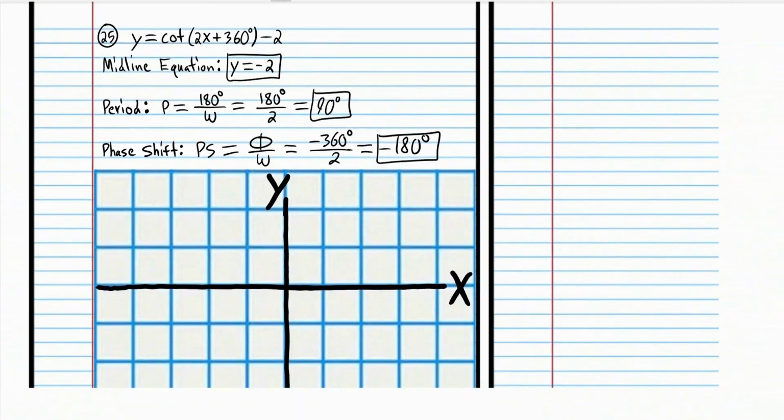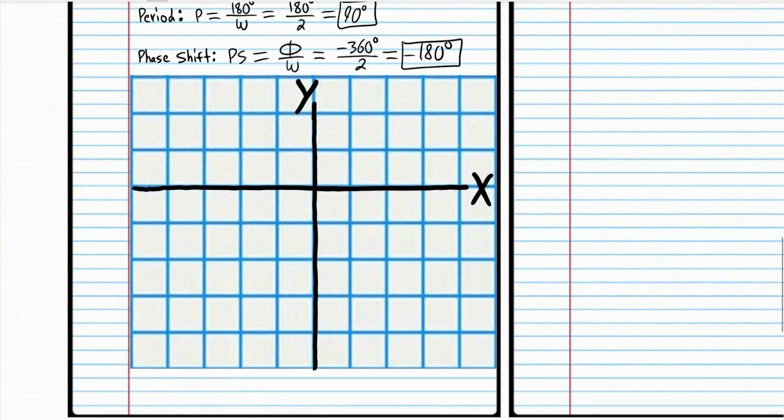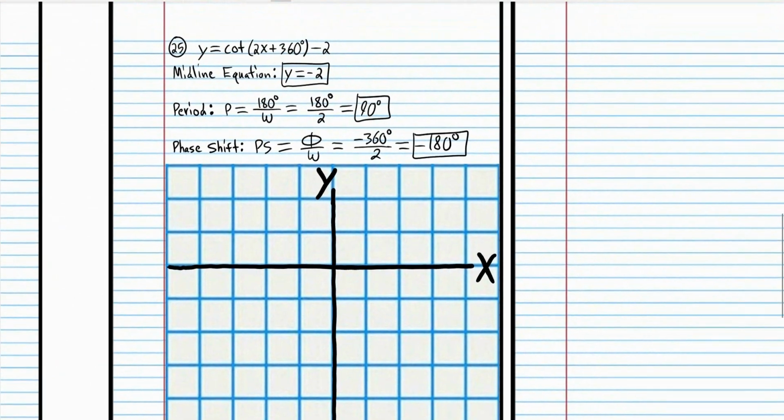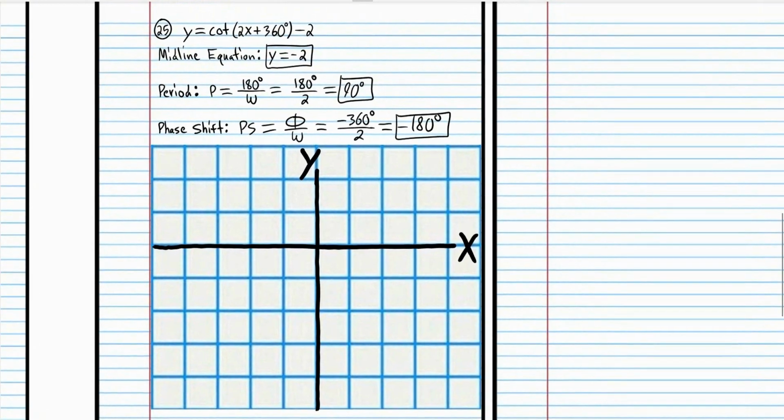So normally our cotangent curve looks something like this, but we have a 180 degree phase shift, so we're moving everything to the left 180 degrees. So let's draw the asymptotes.